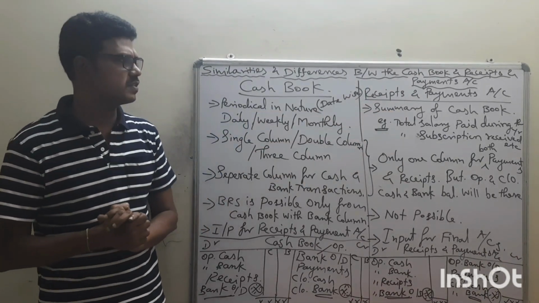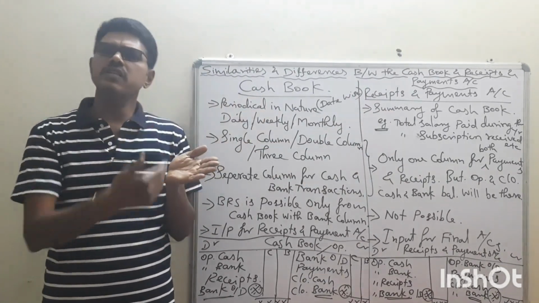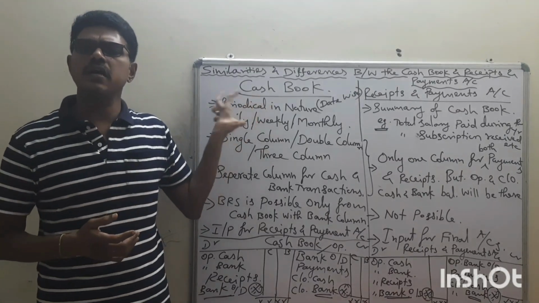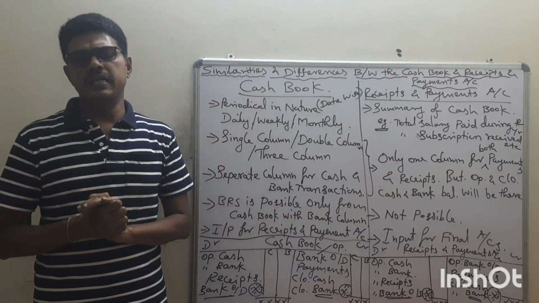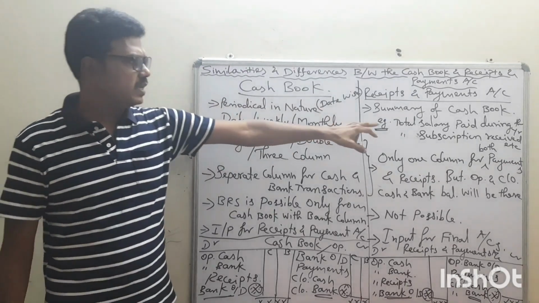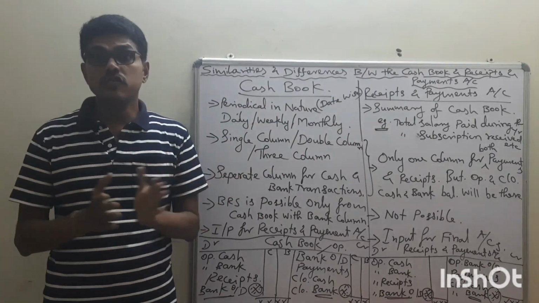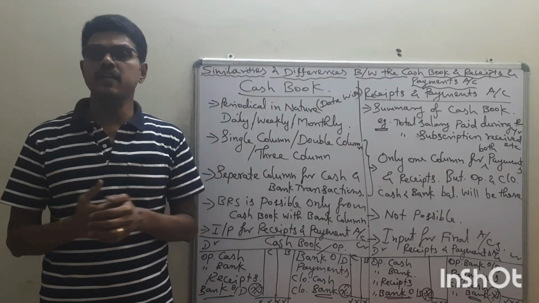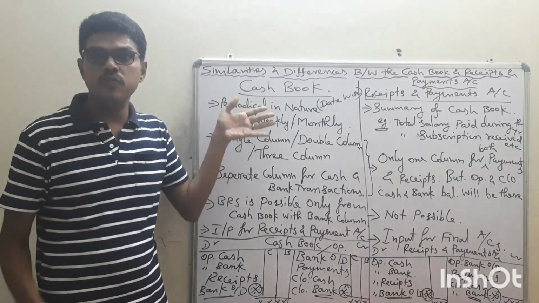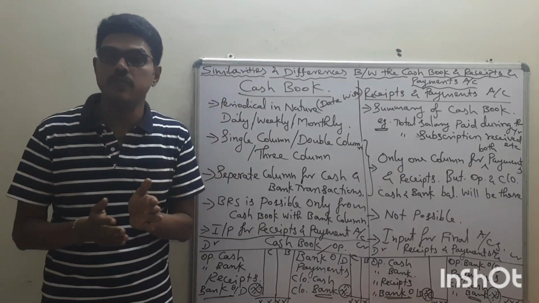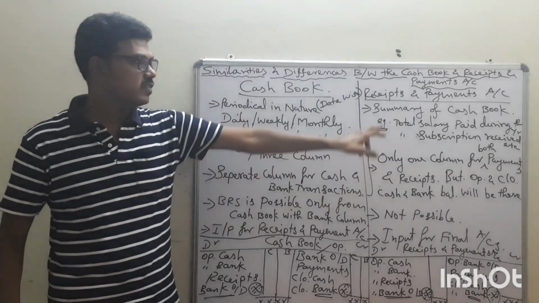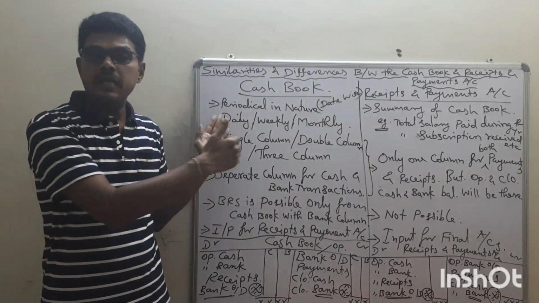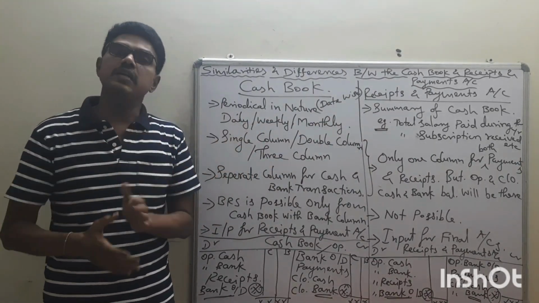In the cash book, whenever there is an inflow or outflow, they record according to the date. But here they need to consolidate and summarize everything. What is the total salary paid? From the cash book, we cannot understand the total salary paid. Date wise we can see. Whereas here, they will record everything in a separate place and total them.